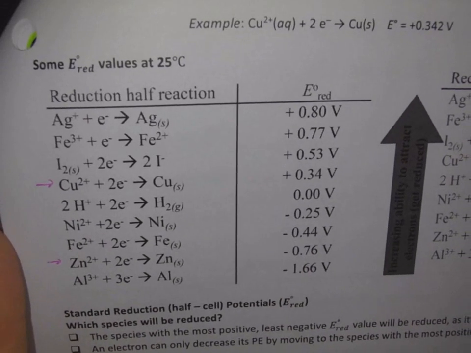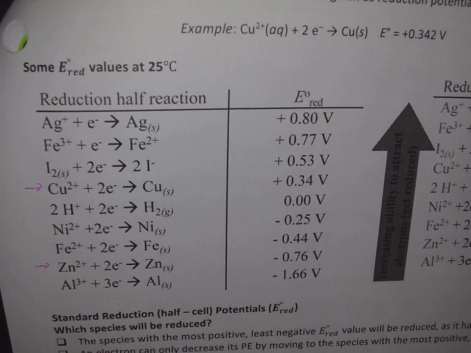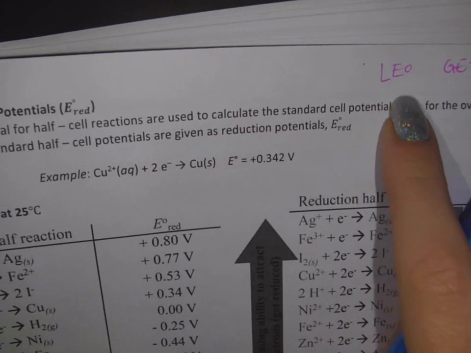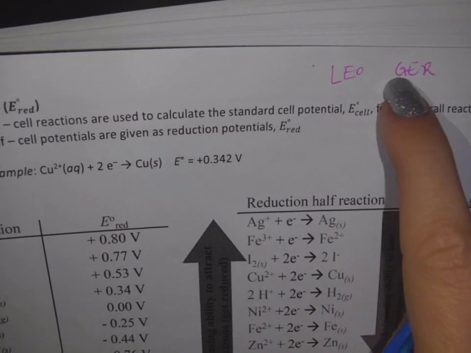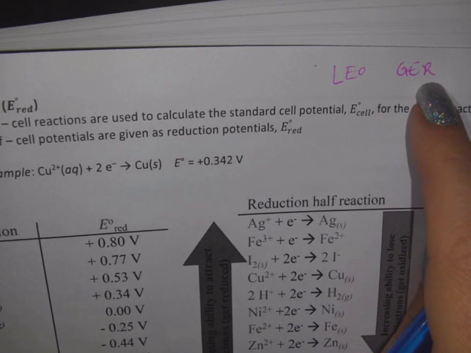All right. We are going to jump to calculation. So turn to page 51. Reduction, because we have Leo the lion says grr. So gaining electrons is reducing, right?